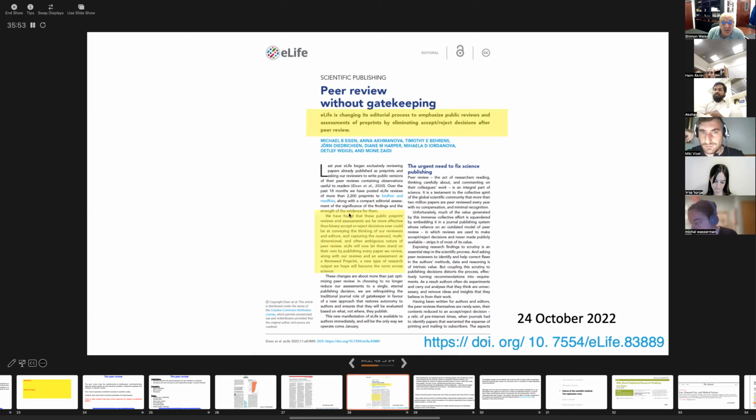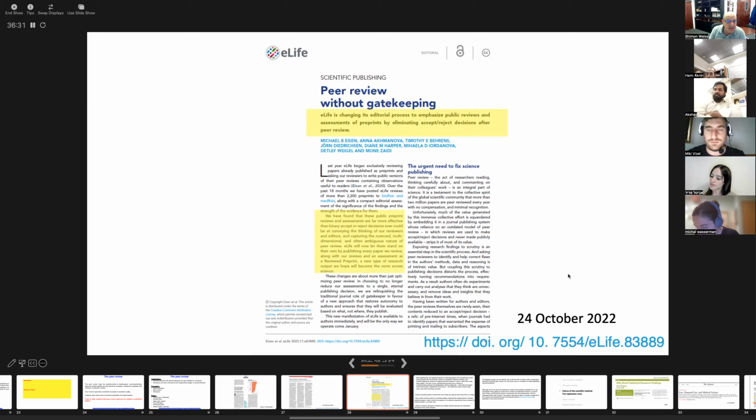We have found that these public preprints, reviews, and assessments are far more effective than binary accept or reject decisions ever could be at conveying the thinking of our reviewers and editors and capturing the nuanced, multidimensional, and often ambiguous nature of peer review. eLife will now let them stand on their own by publishing every paper we review, along with our reviews and an assessment as a reviewed preprint, a new type of research output we hope will become the norm across science.